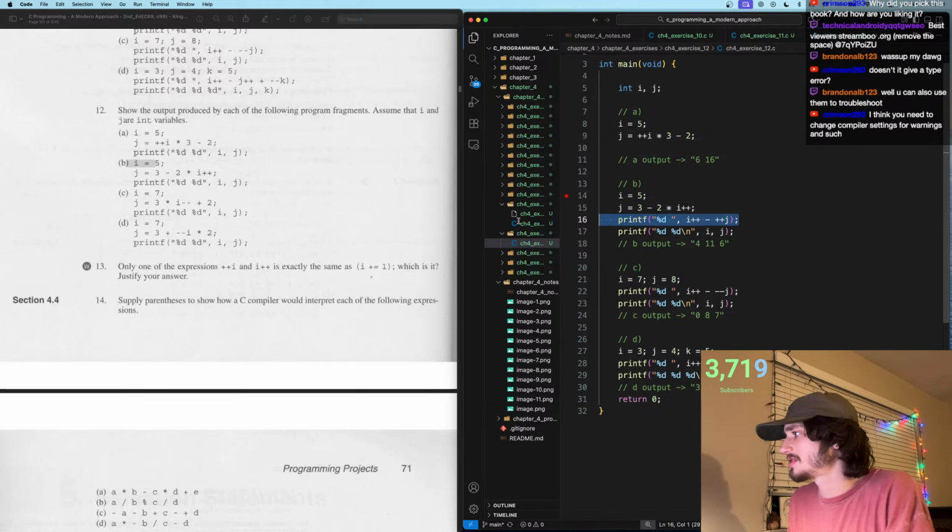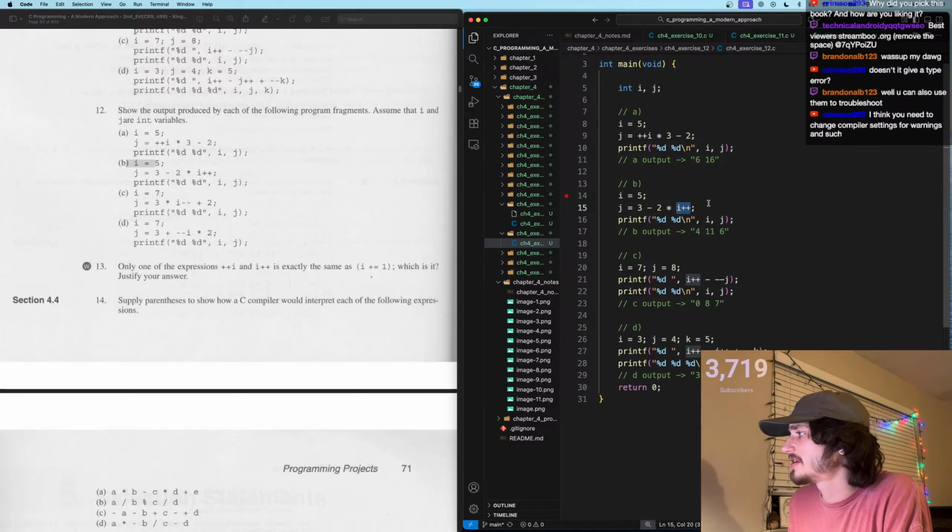Okay. So what do we think is going to happen here? This is postfix incrementation to i. So i will increment afterwards. So we'll use 5 here. 2 times 5 is 10. 3 minus 10 is negative 7. But for i is going to be 6 and negative 7, I think.